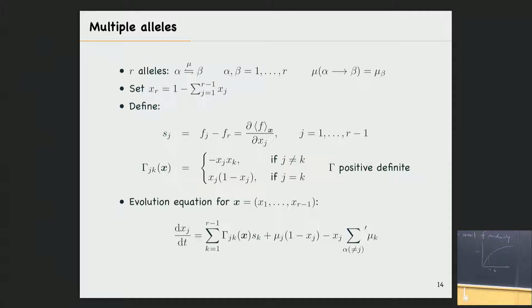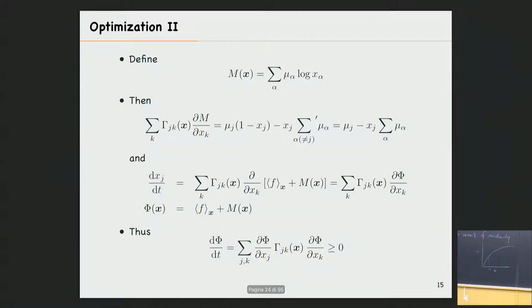Well, you can play the same game with multiple alleles, but then you have to introduce some matrices called a Shahshahani matrix. And then you have an evolution equation of this kind, and again, if you assume a very special mutation model, you find some sort of optimality.